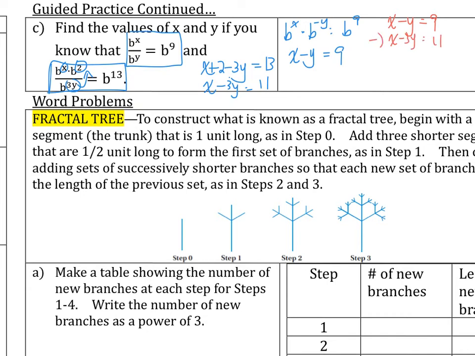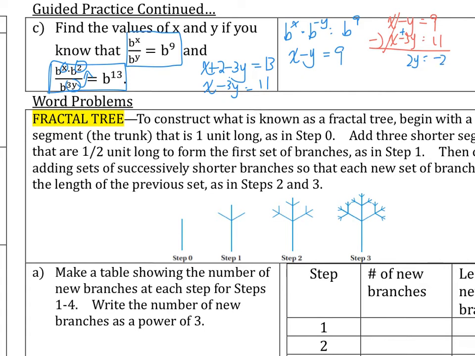And I'm going to use the elimination method by subtracting these equations. x goes out, and then I'm going to solve for y. Negative, negative, positive. 3y minus y is positive 2y. And then negative 11 plus 9 is negative 2.